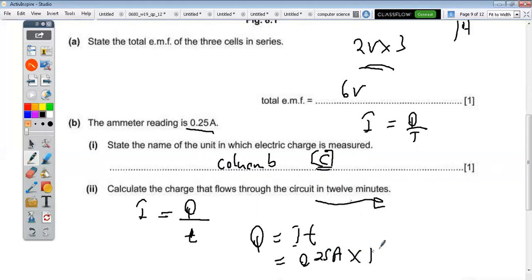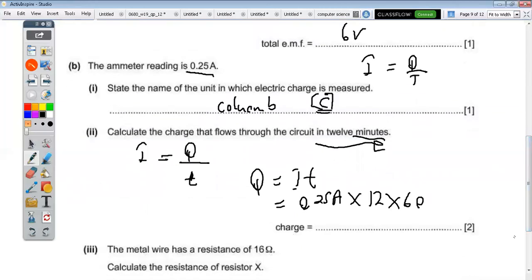What's the problem with the time? It is in minutes. Multiplied by 60. That's how we calculate charge. Okay, so what do you get? 180 coulombs.